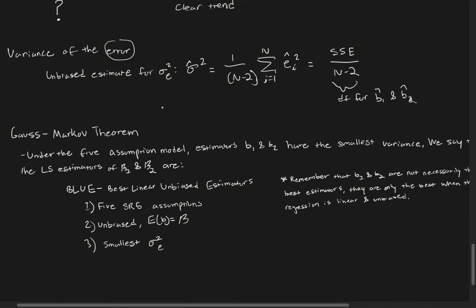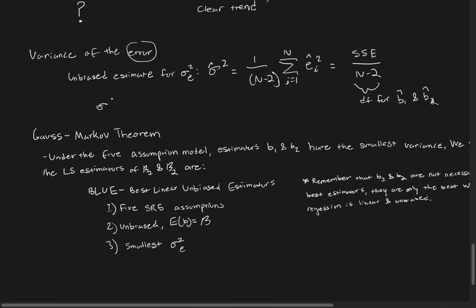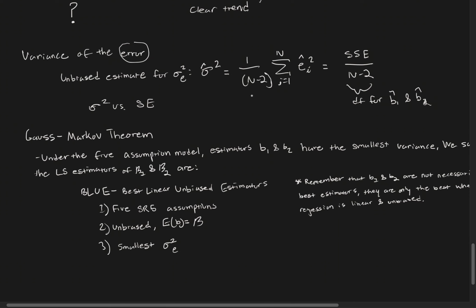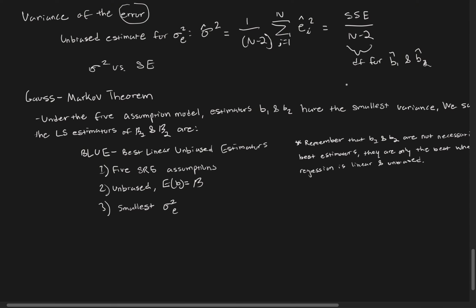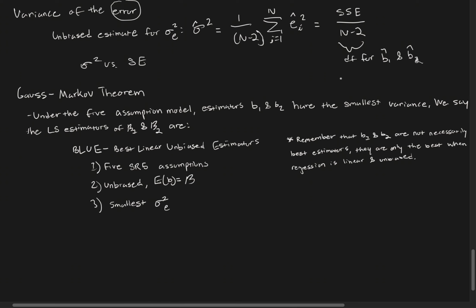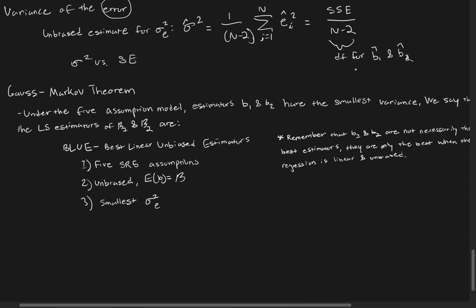So pretty similar again, think of variance versus standard error, where for standard error we're dividing the variance by the square root of n, versus the sum of squared errors over the variance of the error, where we're dividing by n minus 2, or the degrees of freedom. It won't always be 2. We're just dividing by 2 because we have 2 variables.